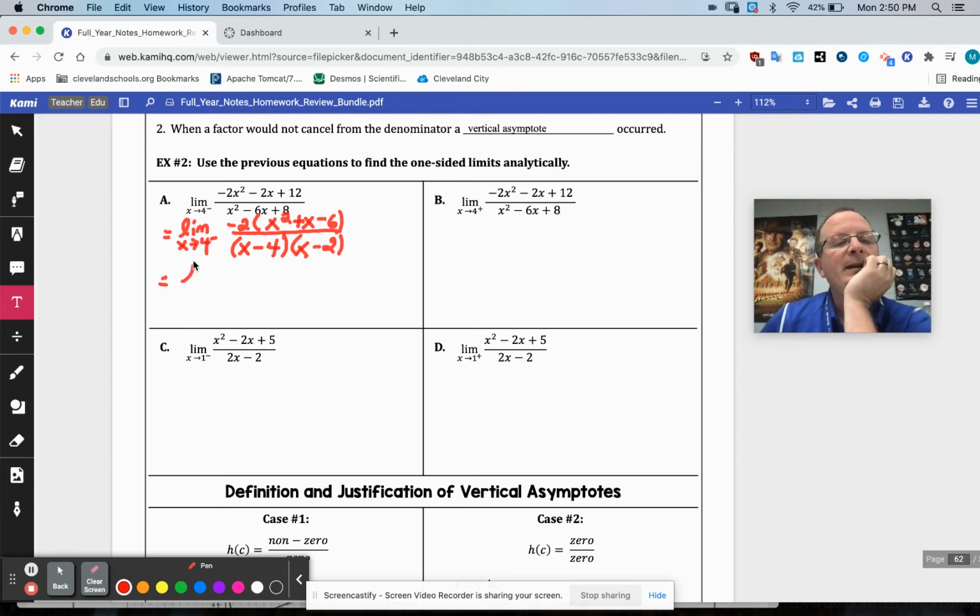Okay, so now we've got the limit as x approaches 4 from the left of -2 times (x minus 2) over (x plus 3).